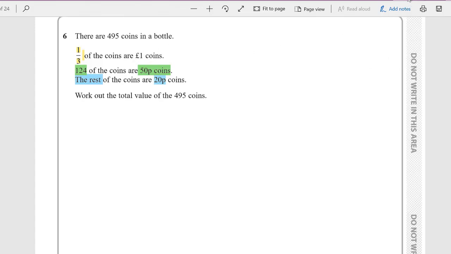Right, so let's do this. We want to work out 495 divided by 3, to figure out a third. So that equals 165. So we know that 165 coins are £1 coins. So that means that there's going to be £165 worth of £1 coins.